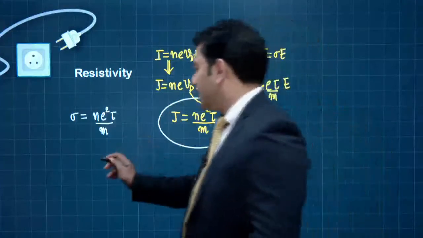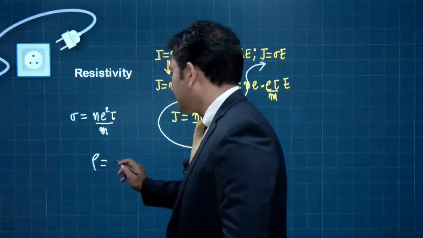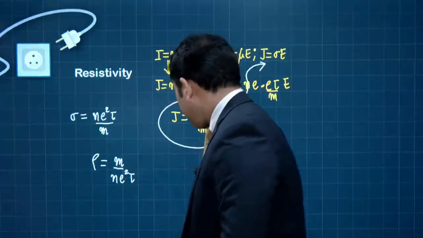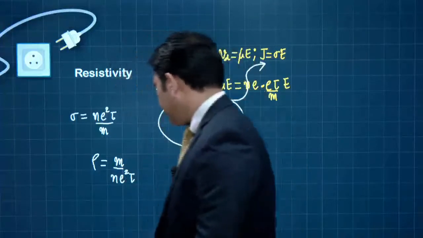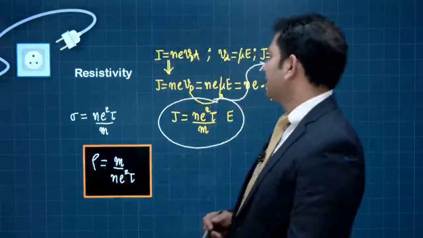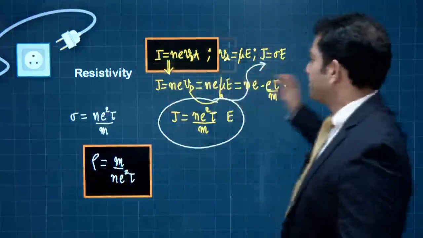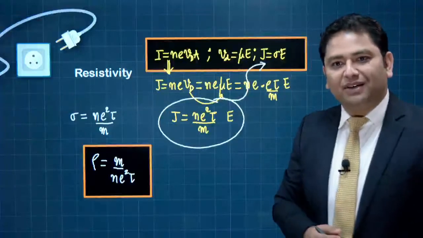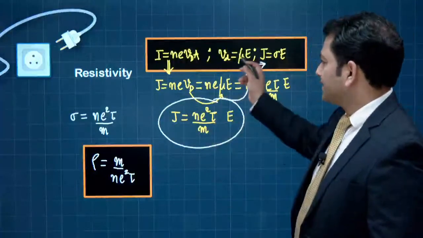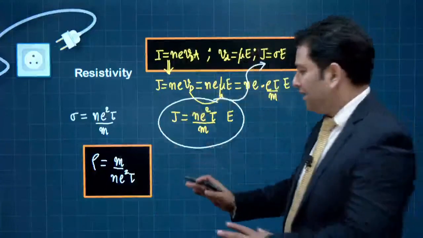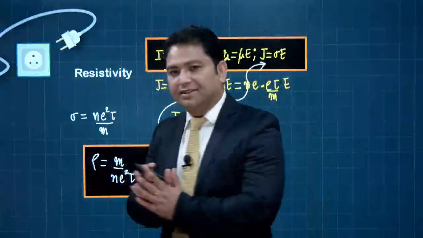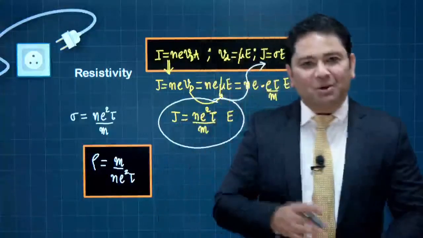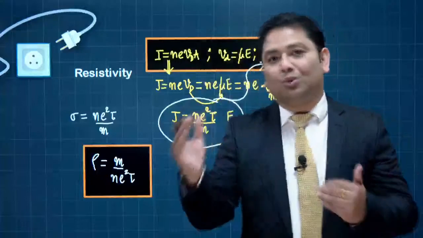And the reciprocal of that is the resistivity, which is m by N e squared tau. This is another very important expression, the expression of resistivity. So if you wish, I'll keep this in a big box as well. So the entire outcome of the discussion that we have done so far is this one, right? So see, we have come up with a very interesting thing, about the resistivity. Now let's talk about what resistivity depends upon.